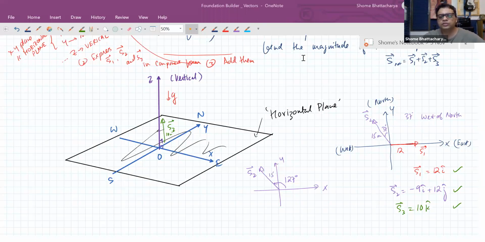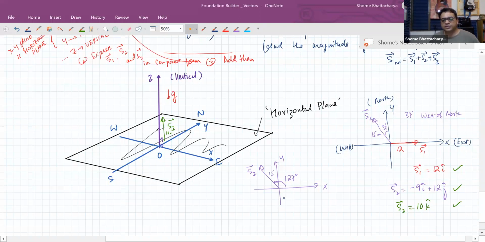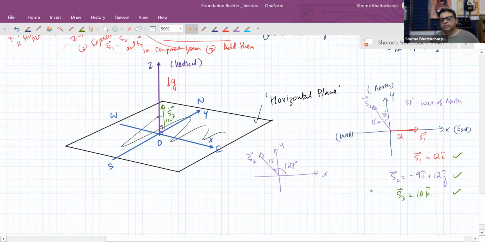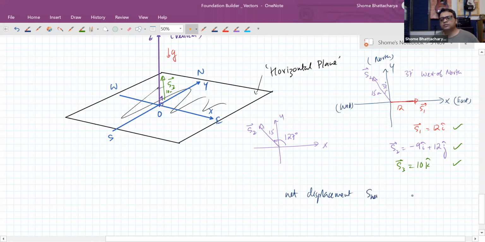Good. So now what we have to do, we have to just add these three vectors. So we've got the three vectors in individual component form. So now our net displacement is nothing but the vector sum of S1 plus S2 plus S3. So just substitute these. So 12 i cap, that is my S1, plus minus 9 i cap plus 12 j cap, that is my S2, and plus 10 k cap, that is my S3.